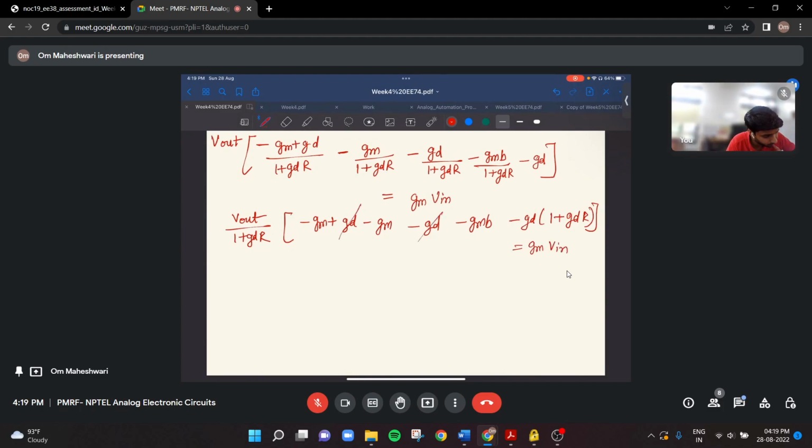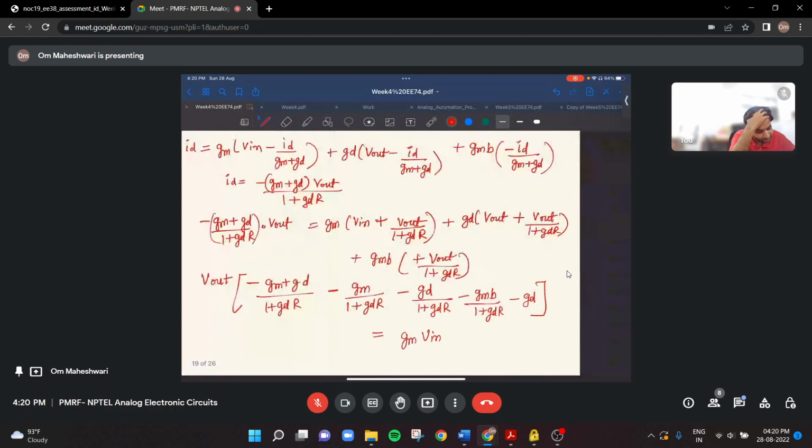So this GD and this GD will cancel. So we will have V out, let's say, GD minus GM minus GMB. Sir, I think we are making a mistake. The values of GM and GMB are different for all transistors. Oh my god.